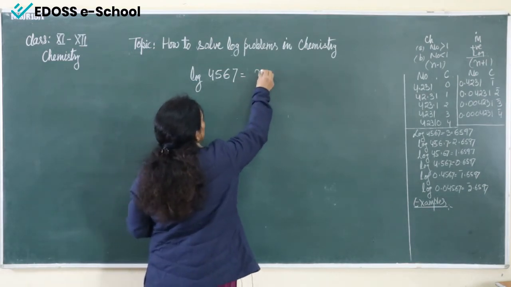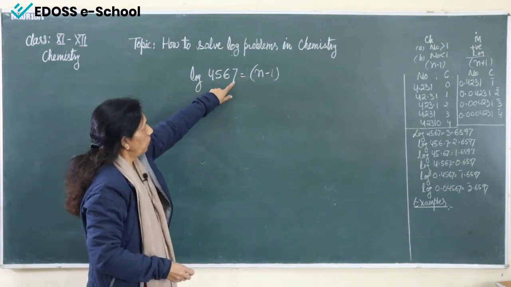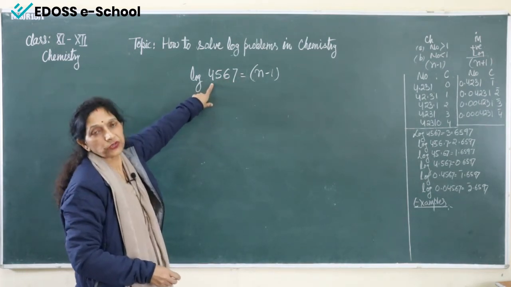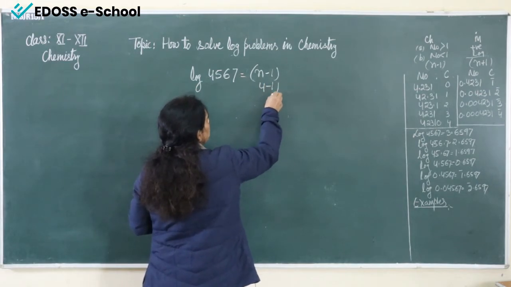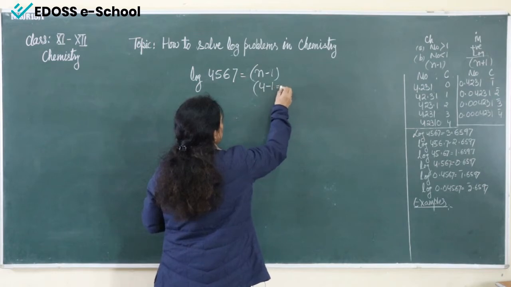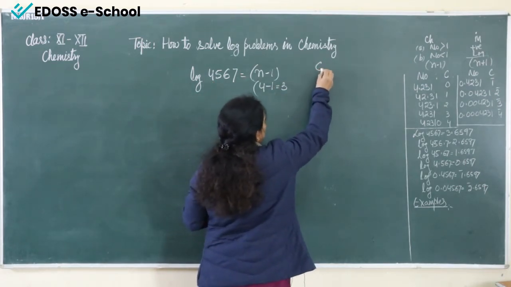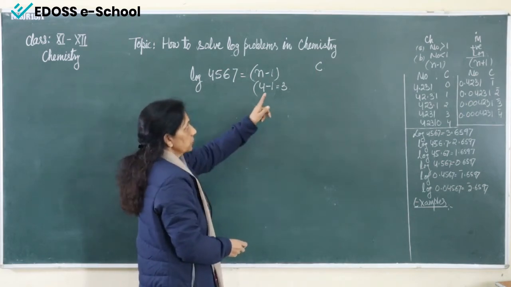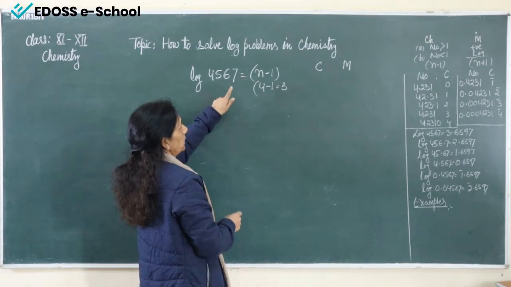This will be n minus 1. So what is n? 1, 2, 3, 4. 4 significant figures are there. So this will be 4 minus 1, which is 3. This is the characteristic, and this is the mantissa. So the characteristic of this number will be 3.